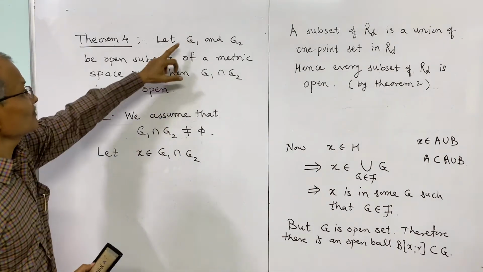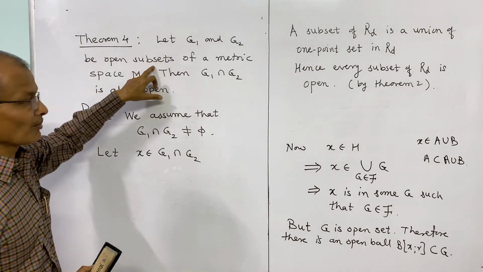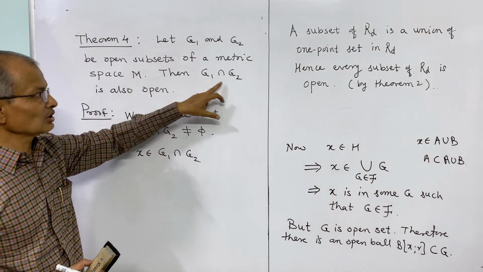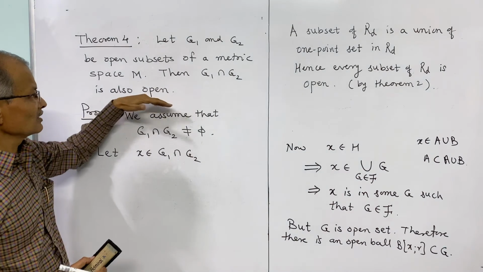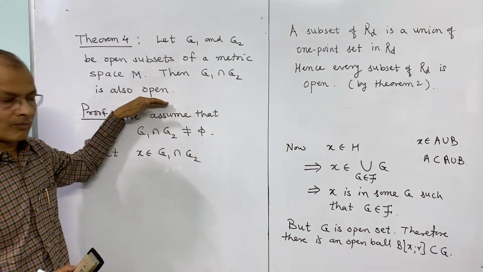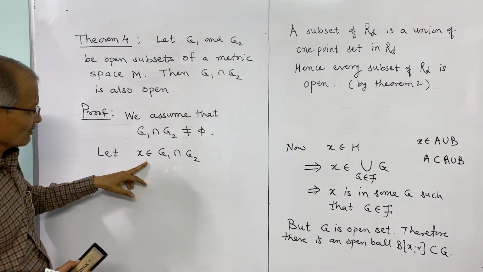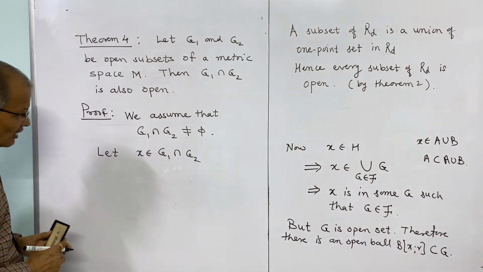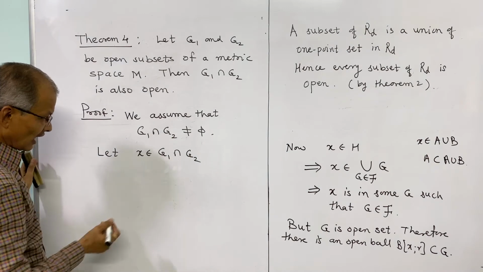So given that G1 and G2 are both open, if there are two open sets, then their intersection is also open. That we have to prove. And for that purpose, we have considered x belongs to G1 intersection G2.